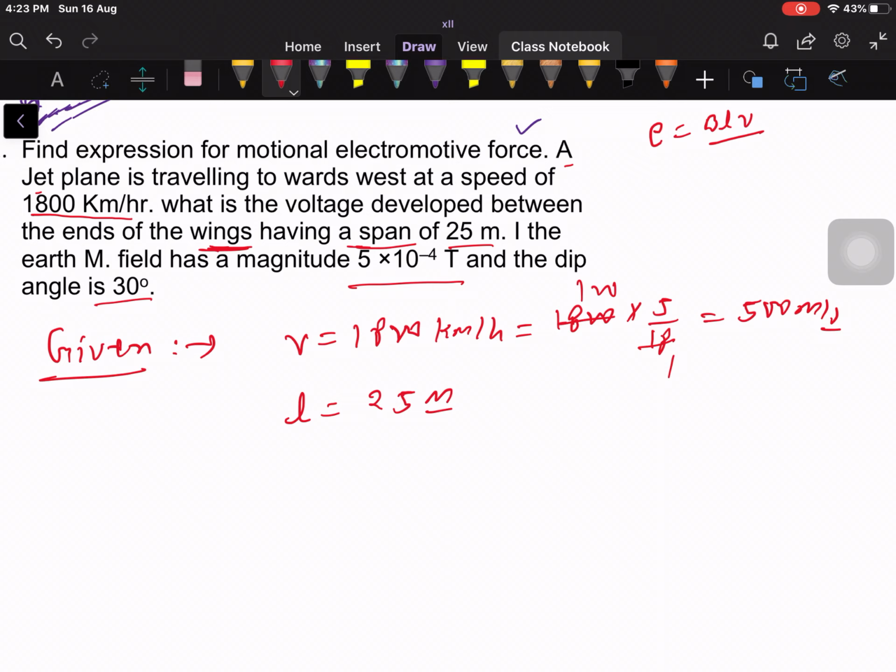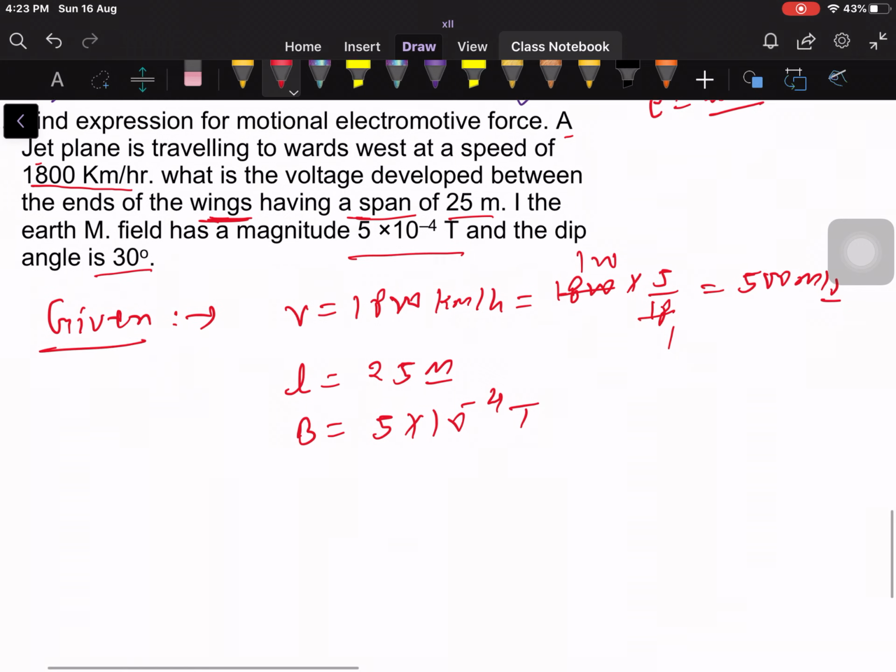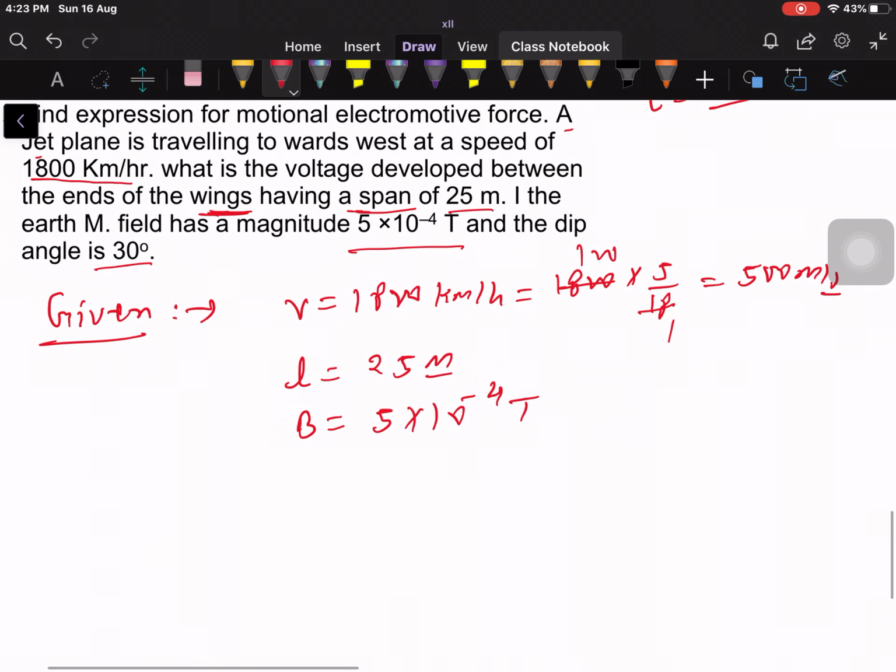If only one wing was written there, then we have to double it. So remember that thing. Okay, the Earth's magnetic field is also given to us, B is equal to 5 into 10 to the power minus 4 Tesla. And the angle of dip is also given, delta is 30 degree.